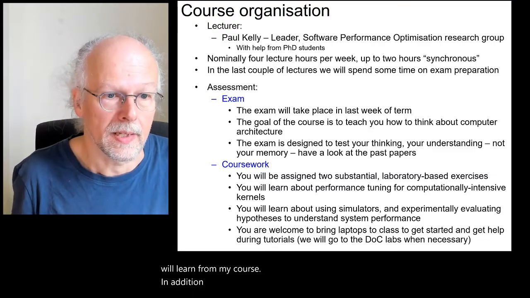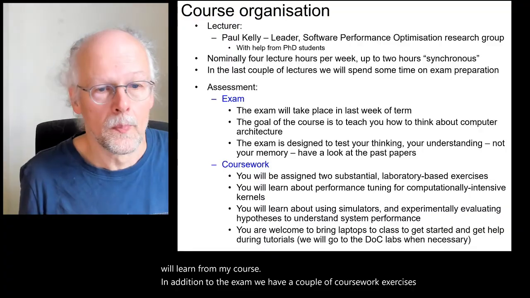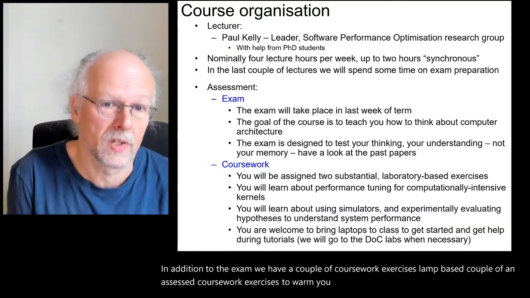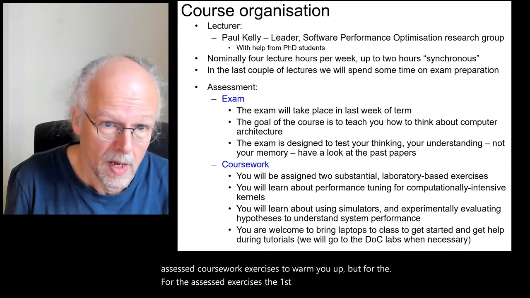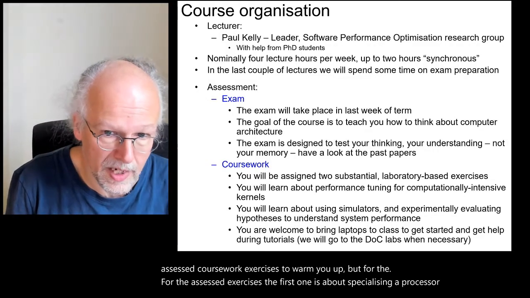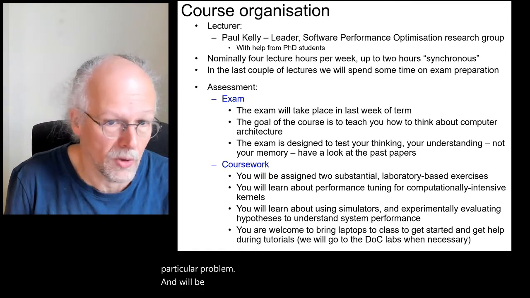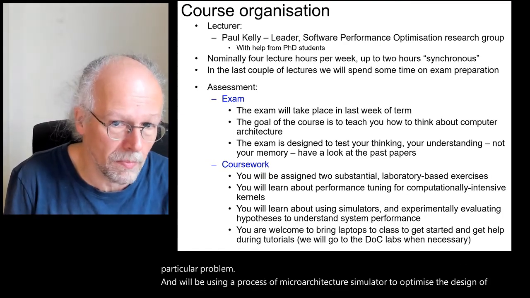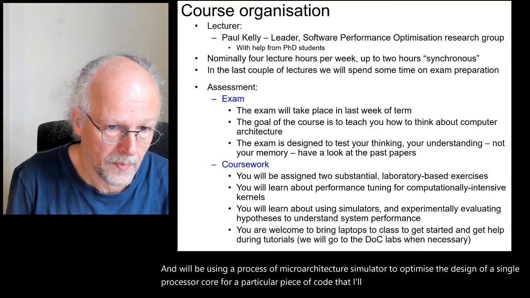In addition to the exam, we have a couple of coursework exercises. They're lab-based. There are a couple of unassessed coursework exercises to warm you up. But for the assessed exercises, the first one is about specializing a processor architecture for a particular problem. And we'll be using a processor microarchitecture simulator to optimize the design of a single processor core for a particular piece of code that I'll give you.